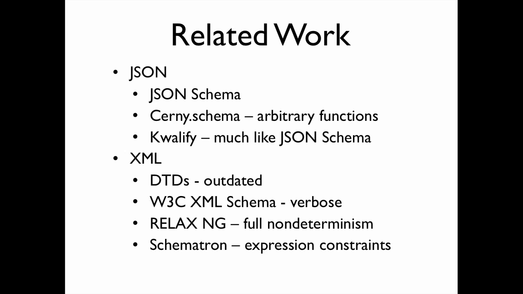Relax NG is really neat because it does have full non-determinism. But I haven't played with it. I wonder what kind of error messages you actually get out of it. And schematron is something that allows you to specify expression constraints using its own expression notation. So if I wanted to keep it serializable, I could invent some notation for expressions that's not just passing procs around or something.